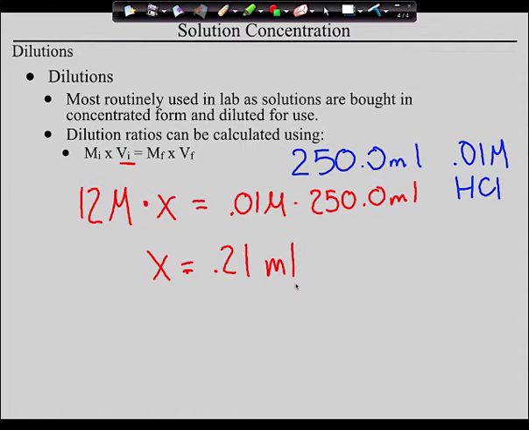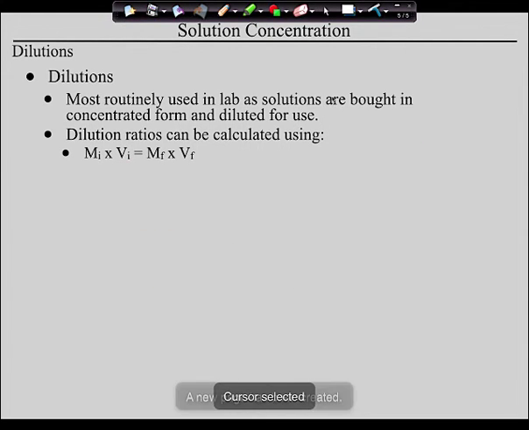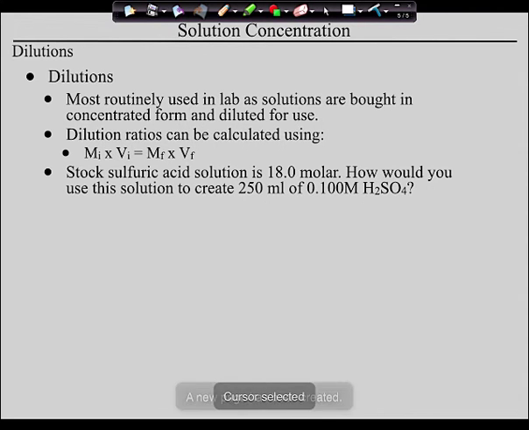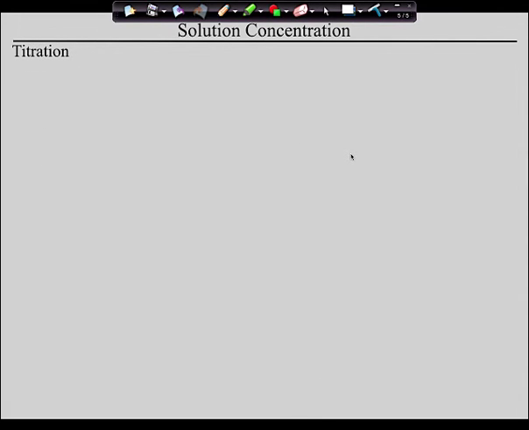Step 6 is fill to the 250 milliliter mark. So guys, are you all okay? Got it? Okay, so those are dilutions, and you now know how to write procedures. It would be wise to know how to do that for the test.